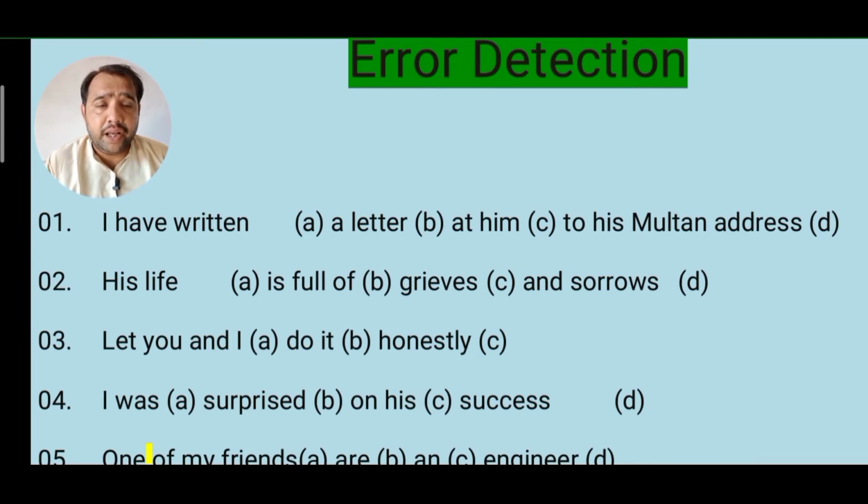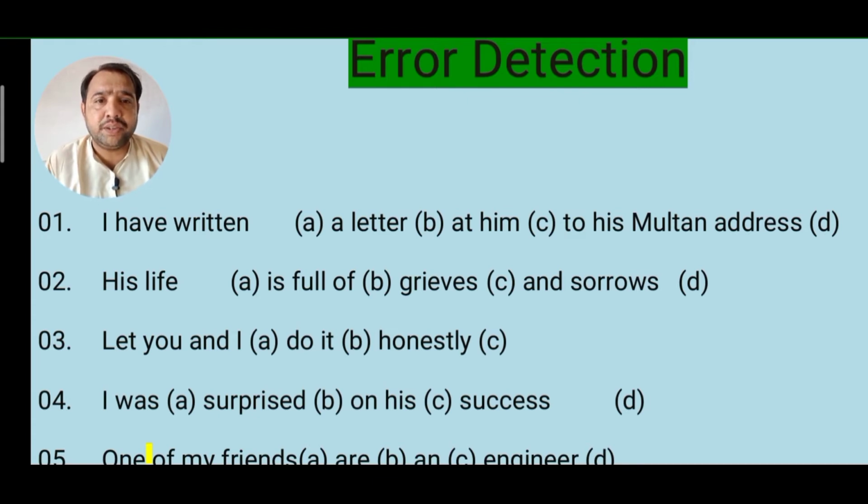Guys, here you have to remember that sometimes verbs agree with particular prepositions like surprised at, astonished at, amazed at, wonder at, look at. So such types of verbs always agree with the preposition at.